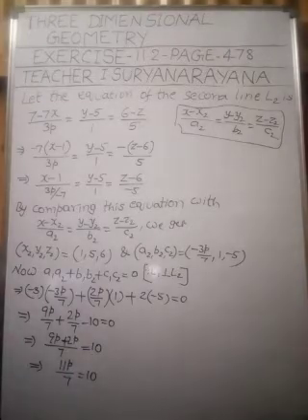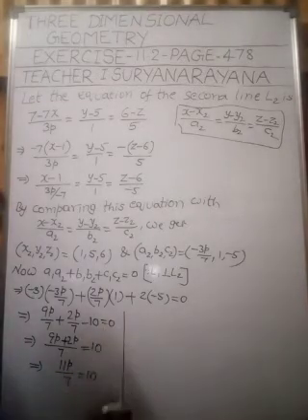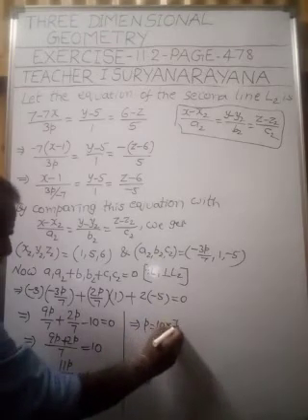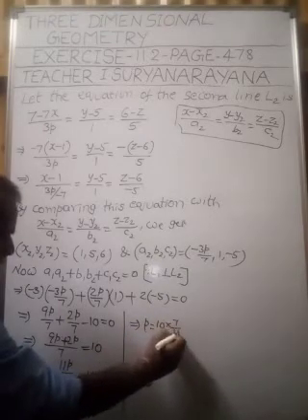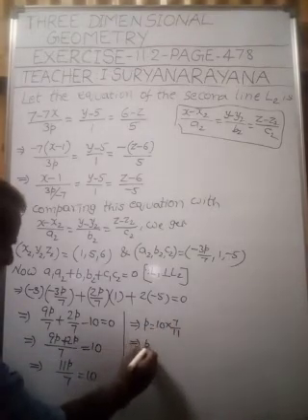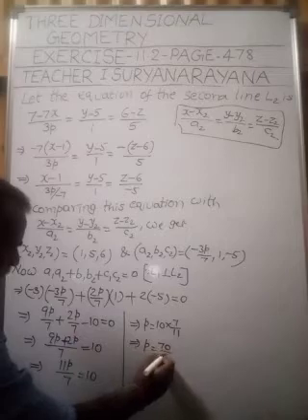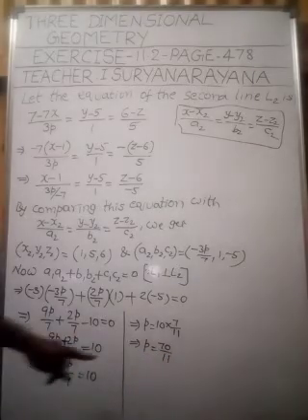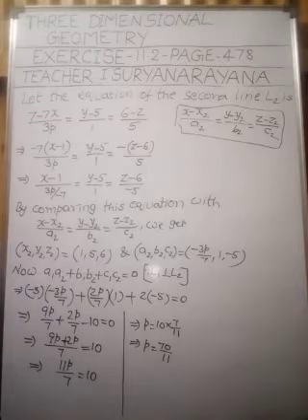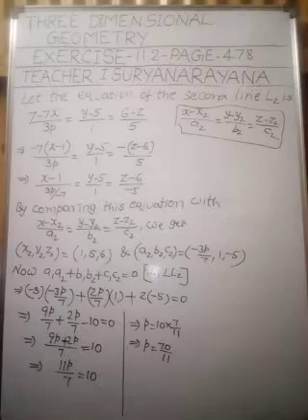This implies p is equal to 10 into 7 by 11, so p is equal to 70 by 11. This is the value of p when the given two lines are perpendicular to each other, when the two lines intersect at right angles.